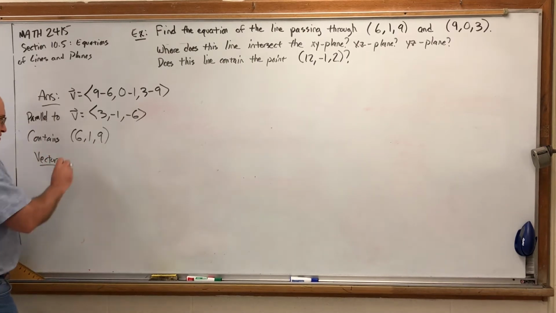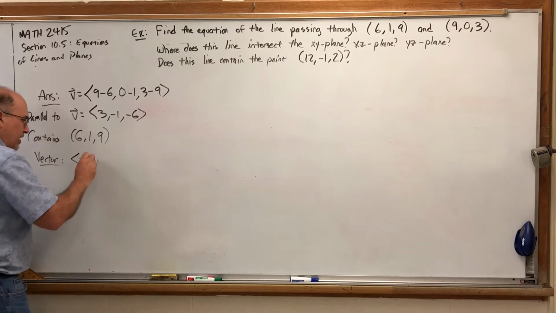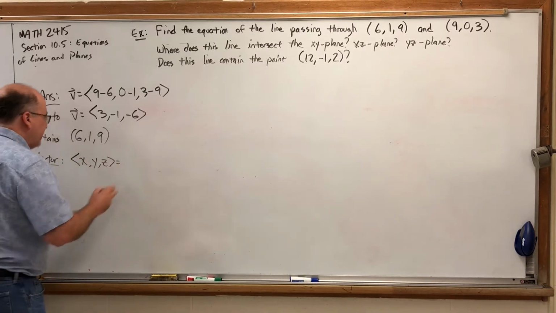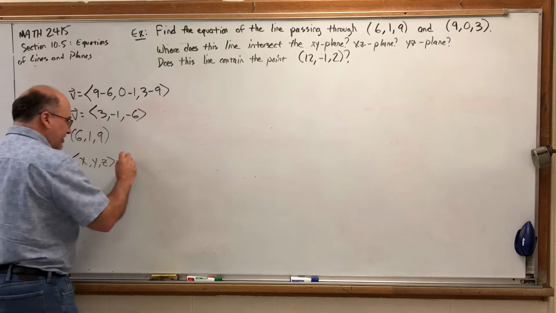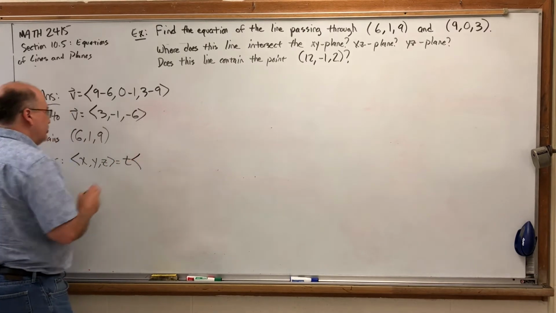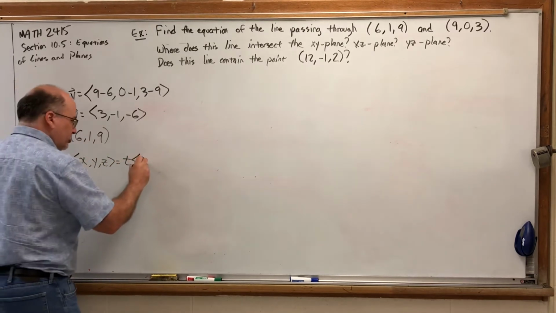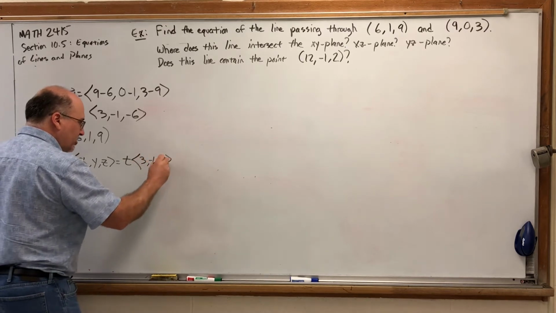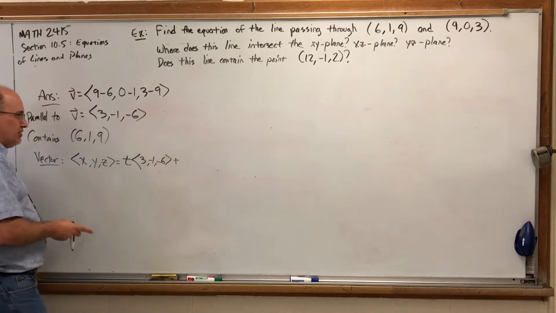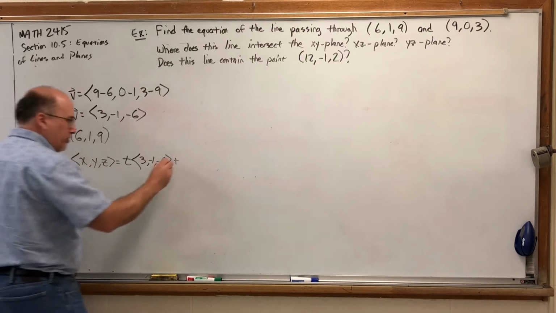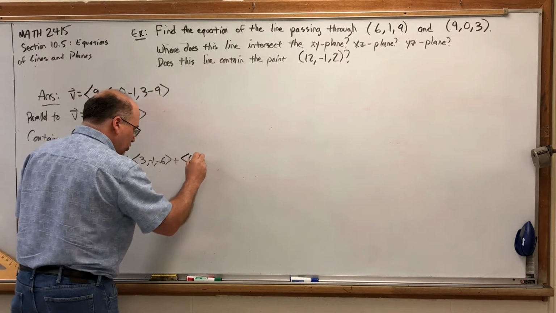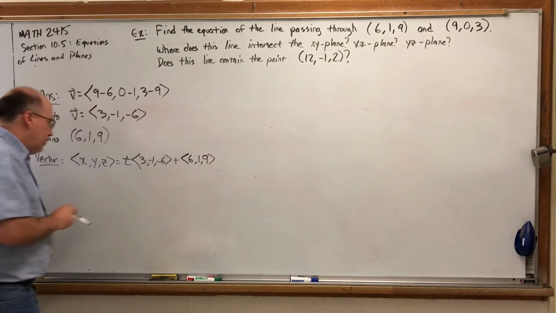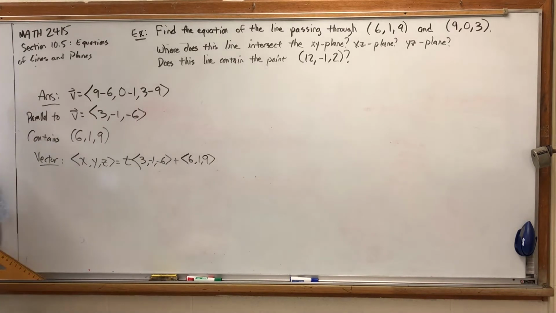Vector form says that you take a generic vector <x, y, z>, and you set it equal to your parameter t as a scalar times the direction vector, which in this case is <3, -1, -6>, and then add to that the vector corresponding to the point that you're going through, which would be the vector <6, 1, 9>. That's a perfectly acceptable answer for vector form.